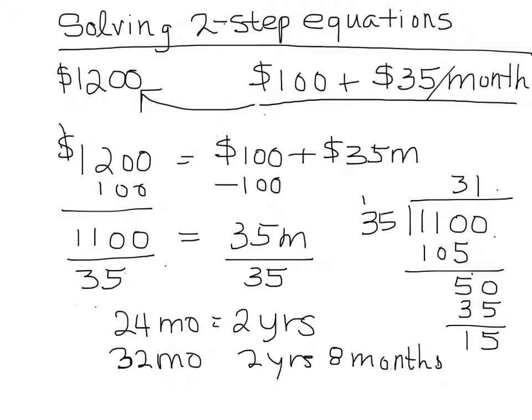But if I'm the kind of person who likes to try things out and doesn't always stick with things, or I'm not sure if I'm still going to be in the area within the next year or two, then I might not want to plunk down $1,200, and I might want to just pay the $100 plus the $35 per month, because that way I'm not buying something that I'm not going to really use.